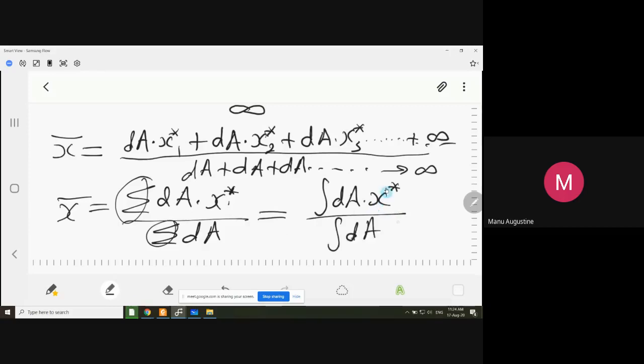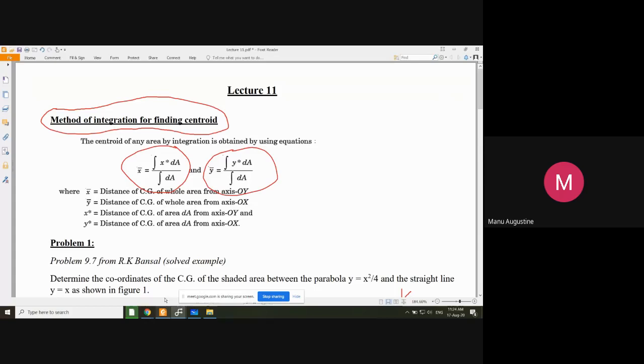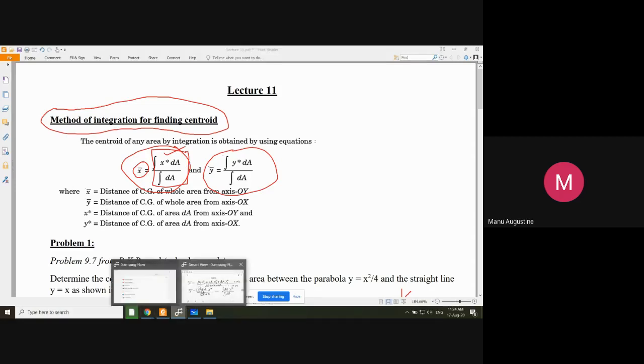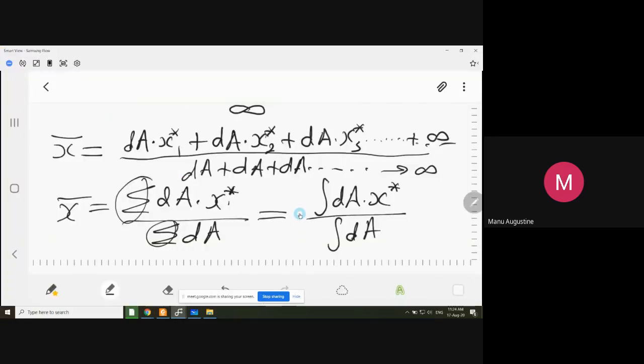This is what is given in your notes. So x bar by integration is found by this formula. But now, with the discussion that we had right now, you know that this formula is nothing different from this formula which you have already been learning.